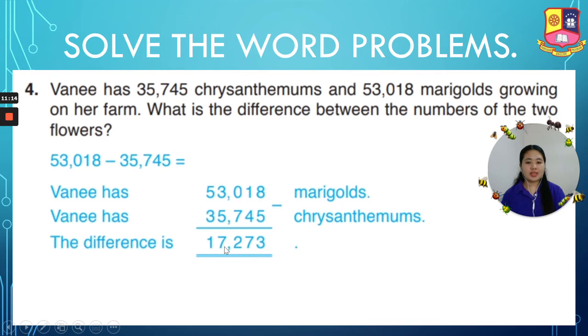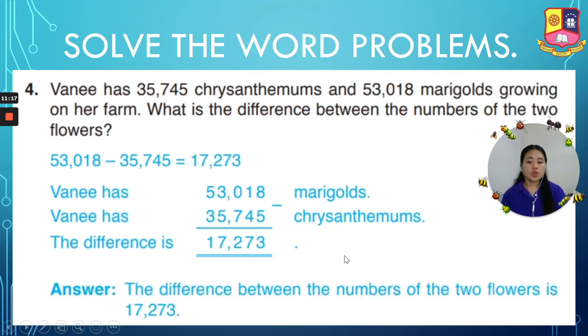So the difference between the numbers of the two flowers is 17,273. Okay, so that is already the answer.